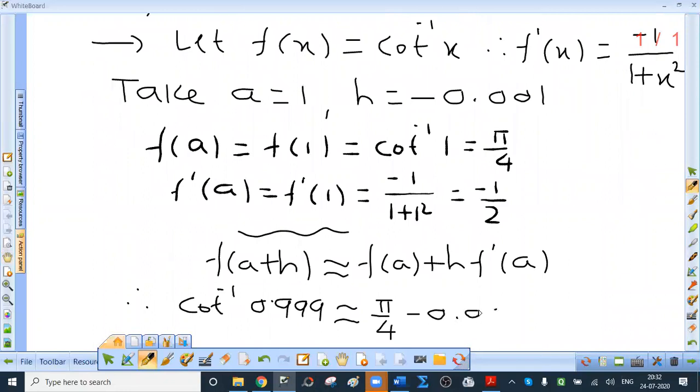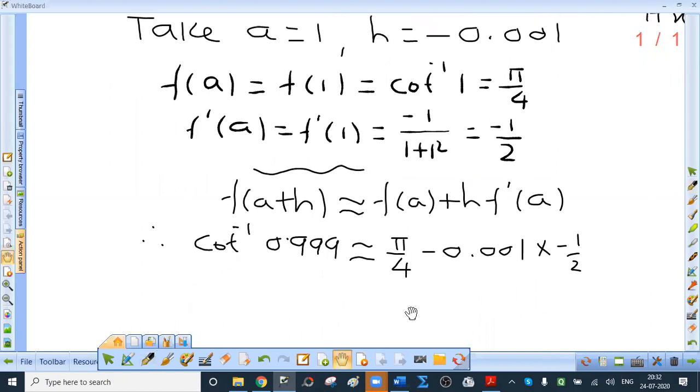Minus 0.001 into minus half. Now, why am I writing equal to? Because we are not supposed to simplify this approximately. We have to simplify this exactly. Okay. So pi by 4 plus 0.0005. I will put this in a bracket, radian.